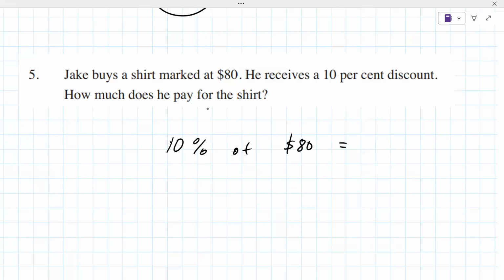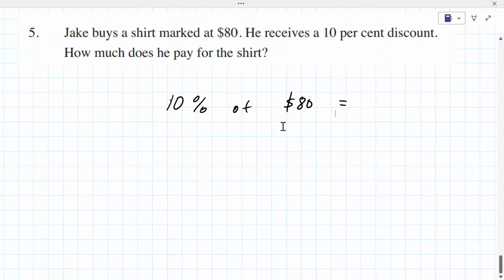Would it be 8? So I'm asking you to calculate 10% of 80.